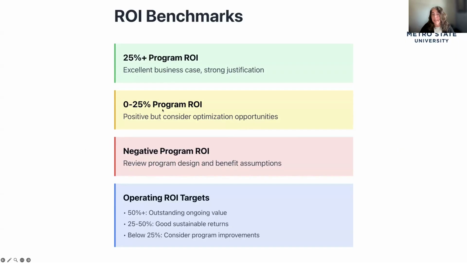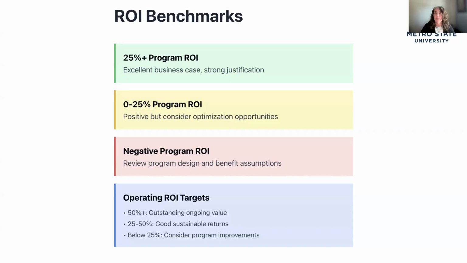Up to 20% is still positive, but you could look for optimization opportunities by digging deeper into your numbers. And for the negative, you want to really review the program design and the benefit assumptions.